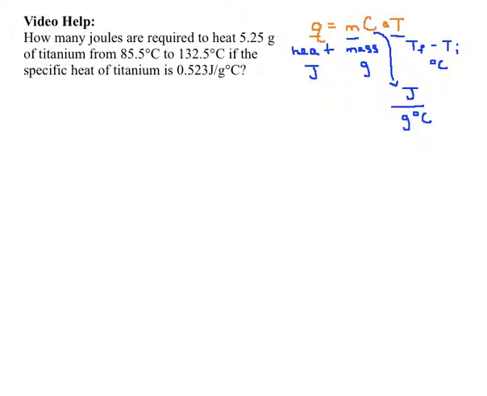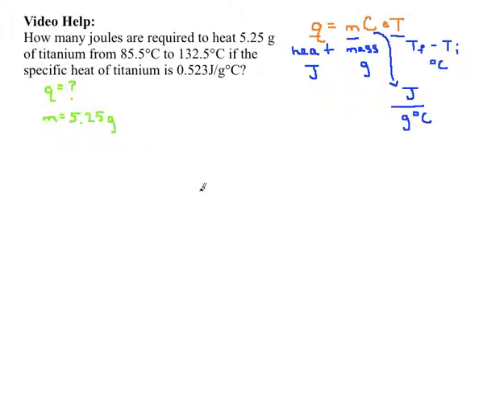So for this problem here, it's asking for how many joules, so I'm solving for Q. So I'm going to put Q equals, we don't know. How many joules are required to heat 5.25 grams, so that's the mass. And you're going from 85.5 degrees to 132.5.